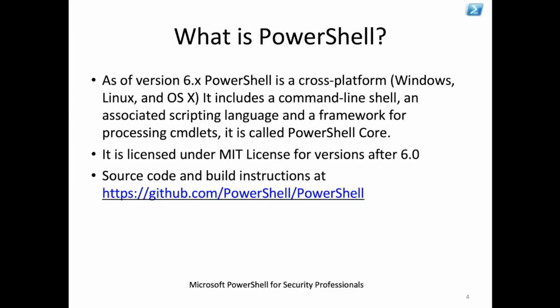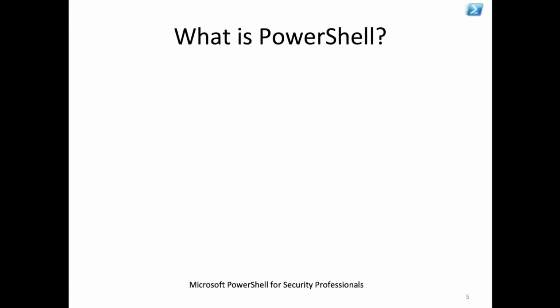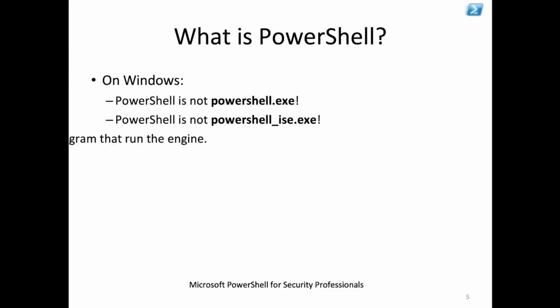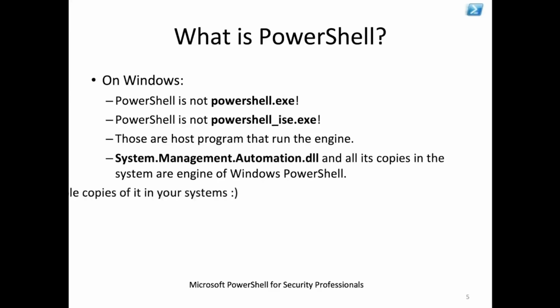Now, on Windows, one of the things we have to have clear: PowerShell is not PowerShell.exe. It's not PowerShell_ise.exe. They're only host programs that run the engine. PowerShell itself is the automation engine. So that is the system.management.automation.dll. And in your system, you actually have multiple copies of this DLL.